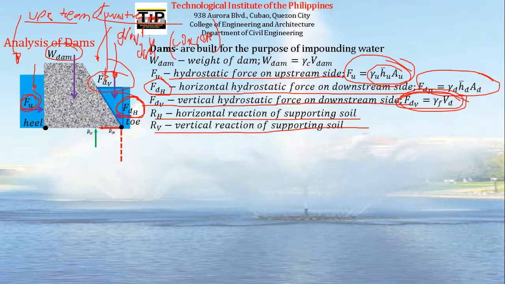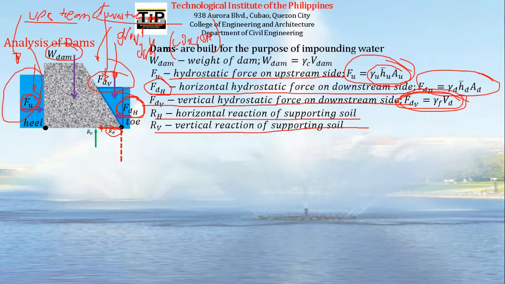So basically, this water will push the dam, and this dam is rested on this soil, so this soil will resist. So it will have a counteracting force going to the left, going against the direction of the upstream.